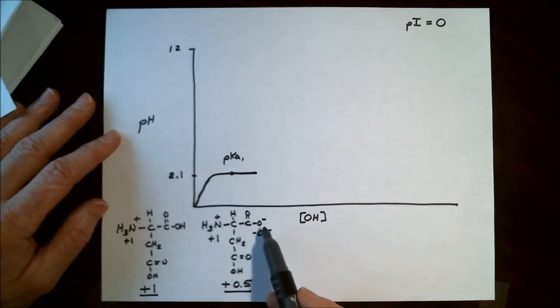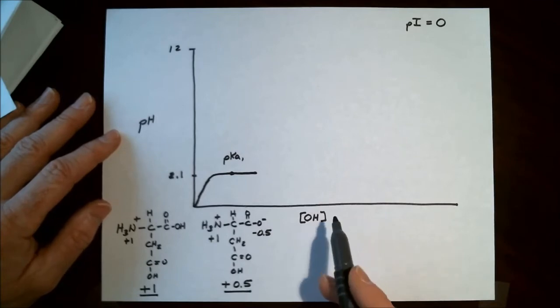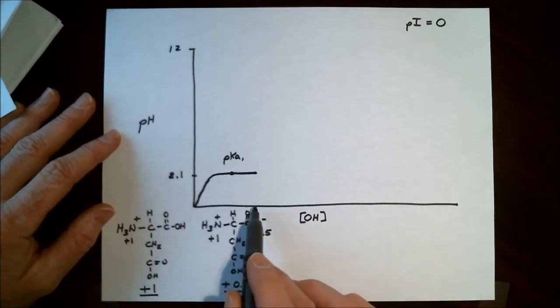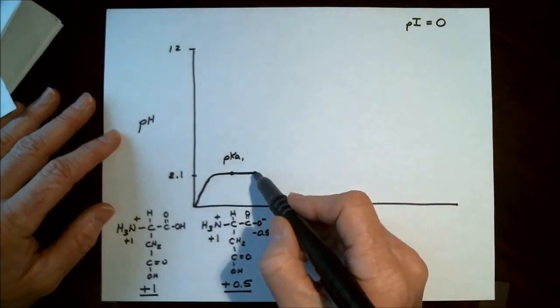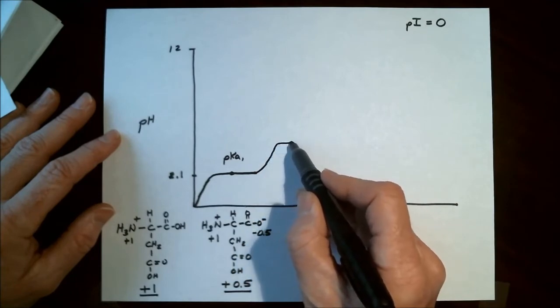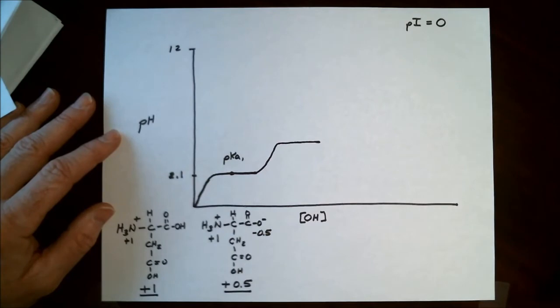Now once we continue our titration of the hydroxide ion, we will be leaving the buffering capacity of this particular functional group, and that means that the pH will start to climb again until we get to the next buffering zone of a functional group.